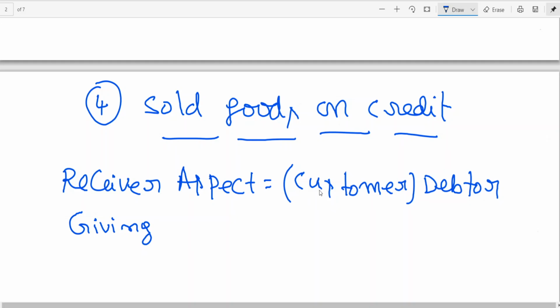If cash is being received, you can write receiving aspect. Since we are not receiving cash, we are selling goods on credit. You know what is credit? Transaction with postponement of payment.